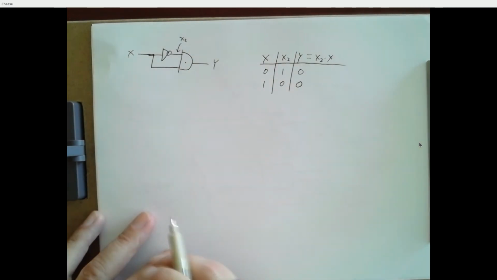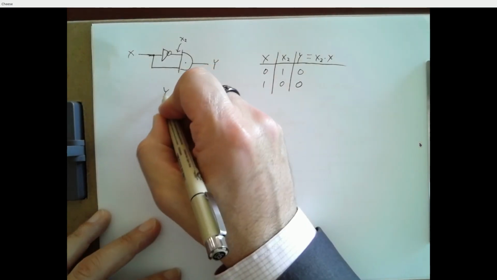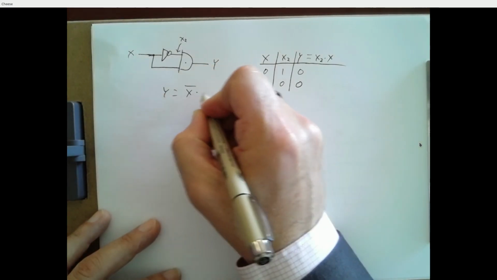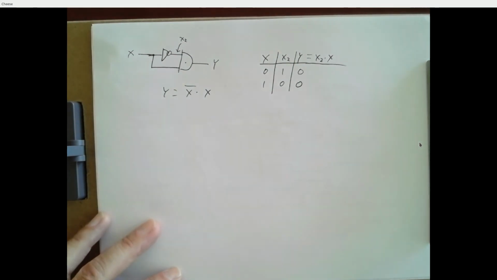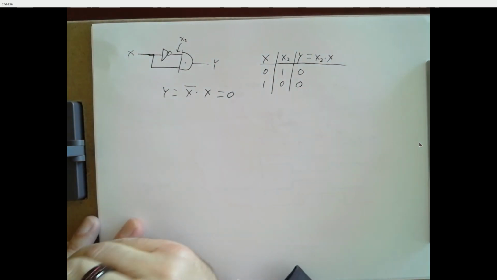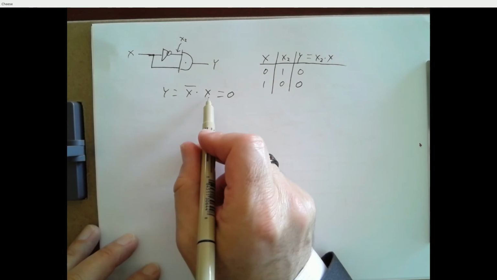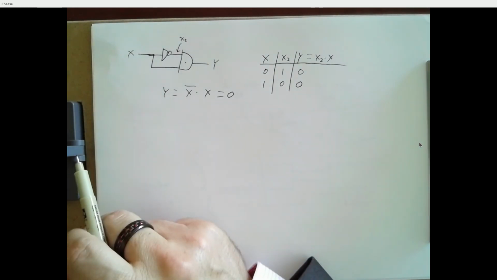And if we had analyzed this using algebra, we would have said Y equals X bar ANDed with X. And I think there's a theorem we've talked about that says this is always equal to 0, because X bar and X cannot both be true.